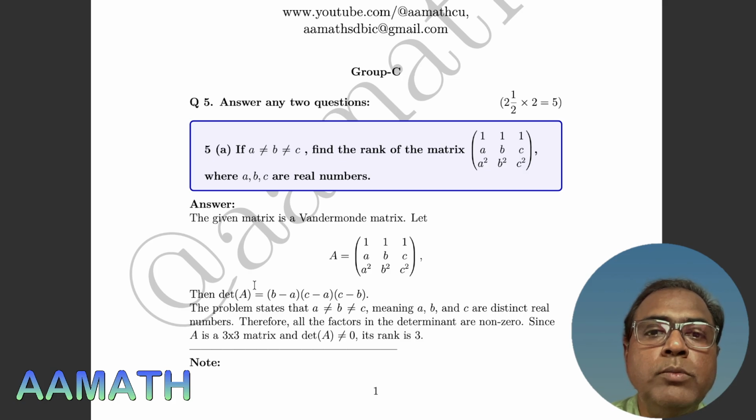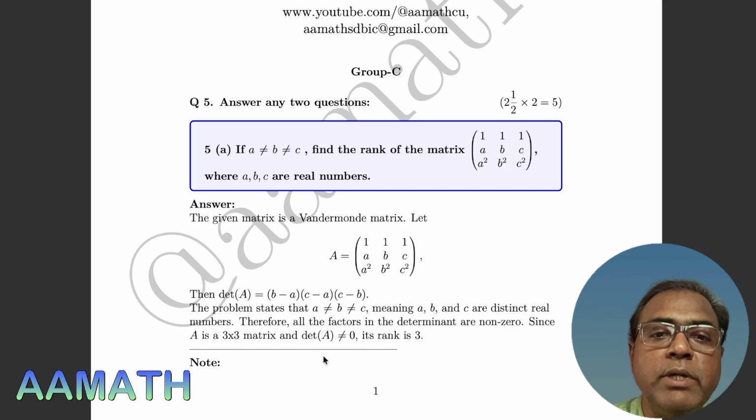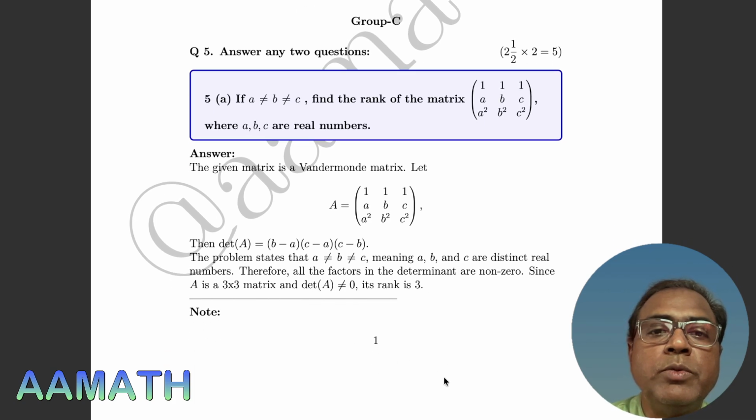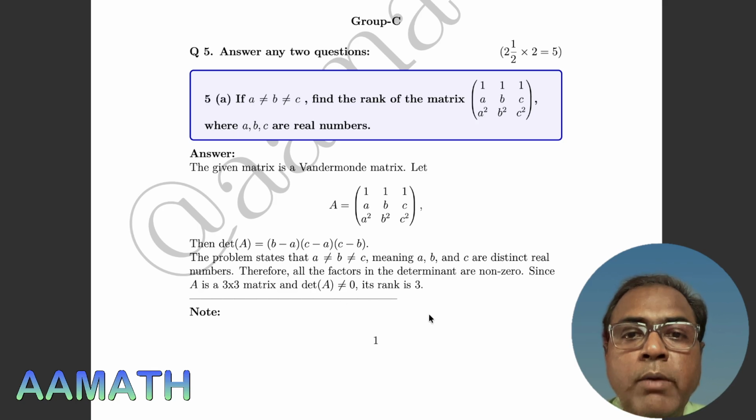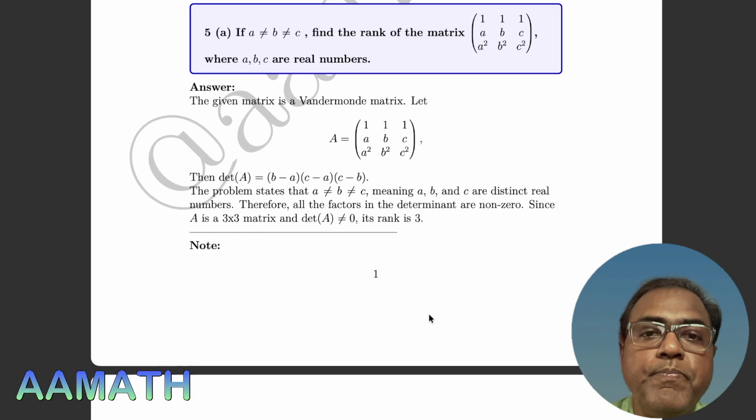Let A equal to this matrix, then determinant A equal to (B minus A)(C minus A)(C minus B). The problem states that A not equal to B not equal to C, so they are distinct real numbers. So obviously determinant A not equal to 0, and hence the rank of the matrix is 3.